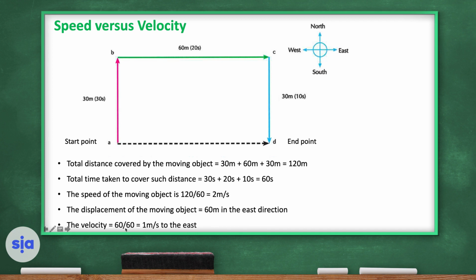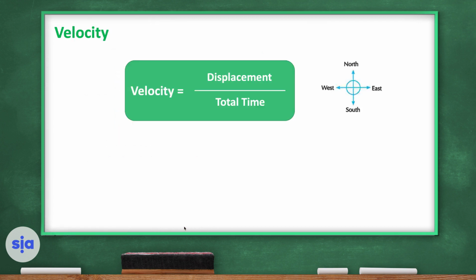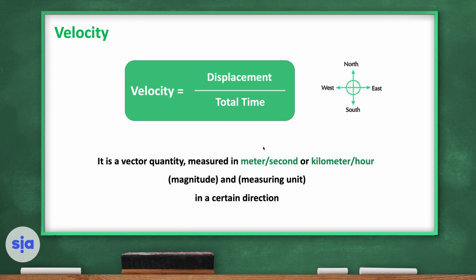So 60 meters divided by 60 seconds will be equal to 1 meter per second, but we have to include the direction. So velocity is equal to the displacement over the total time. But don't forget to include the direction as well, because it is a vector quantity. It's measured in meters per second or kilometers per hour. It has a magnitude or a number and a measuring unit in a certain direction.